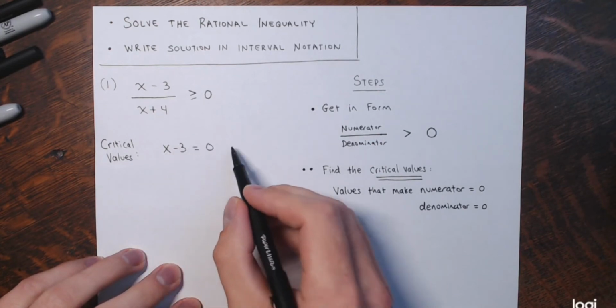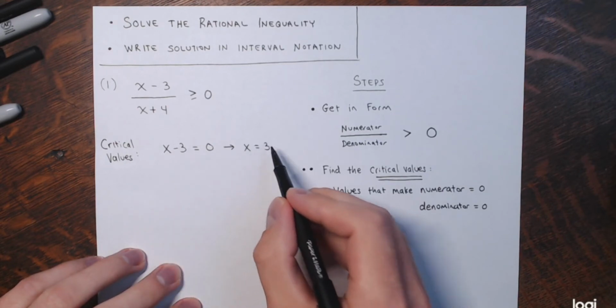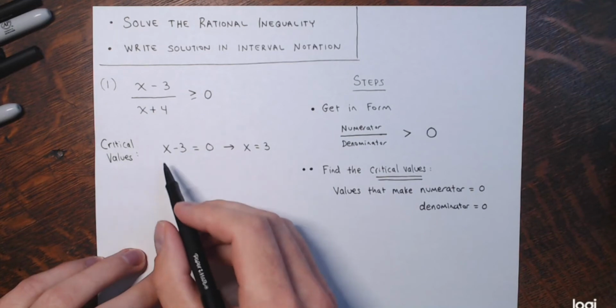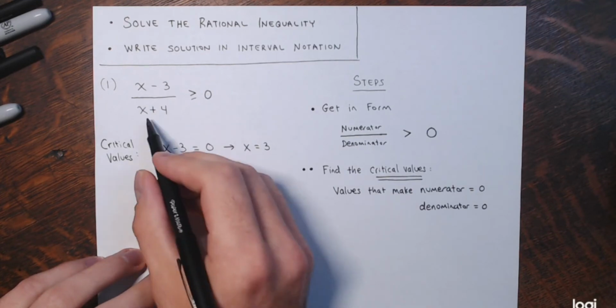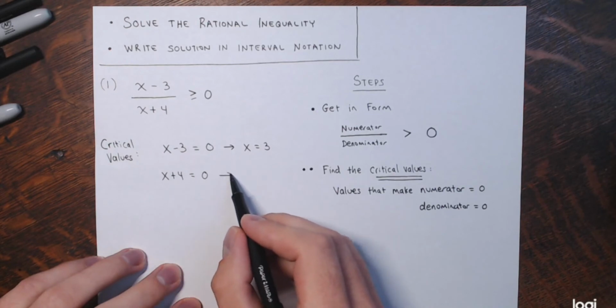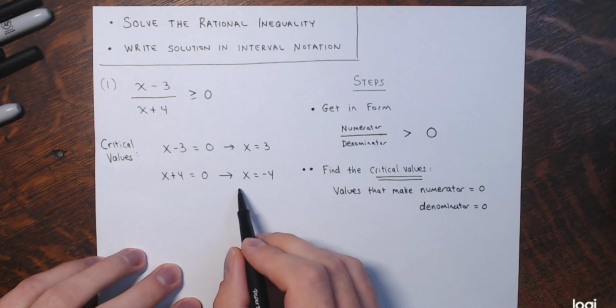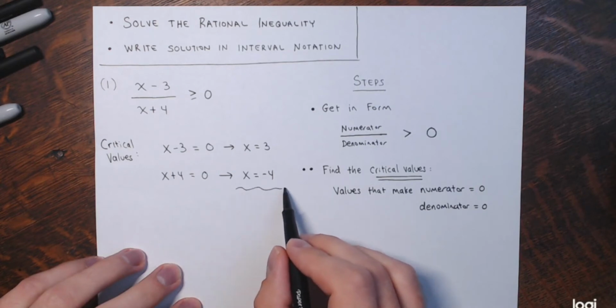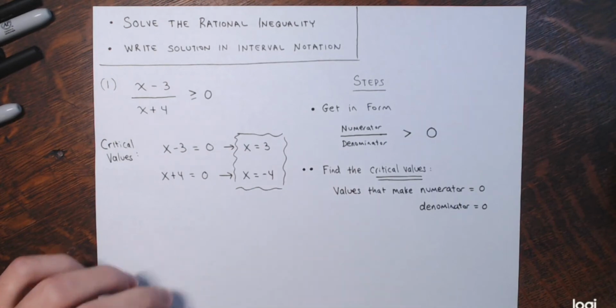That would be at x equals 3. And where is the denominator equal to 0? Where is x plus 4 equal to 0? That would be at x equals negative 4. These are called the critical values of the inequality.